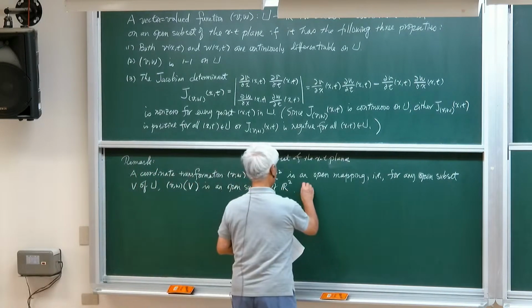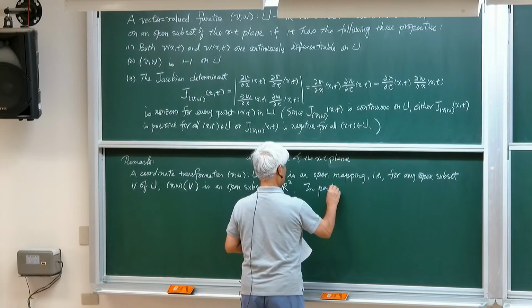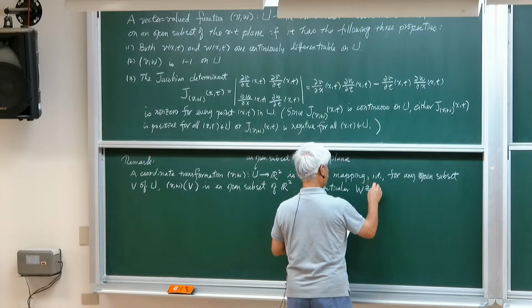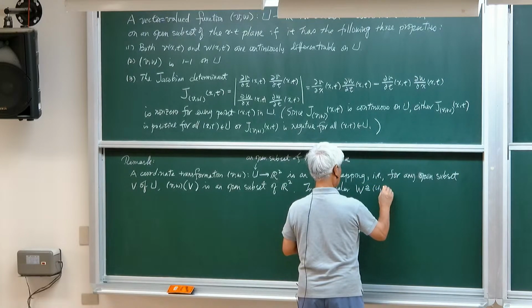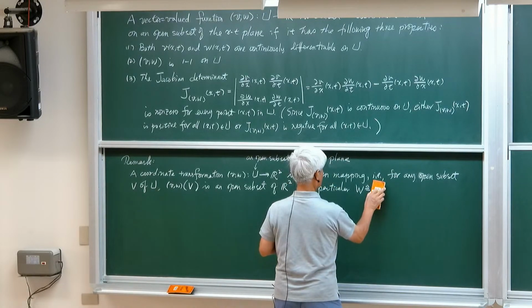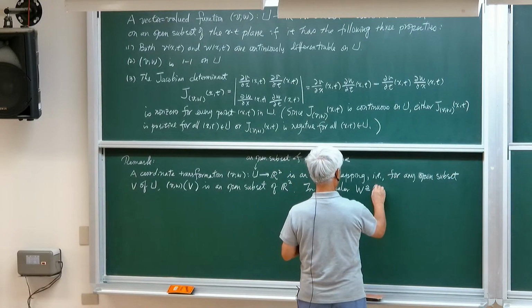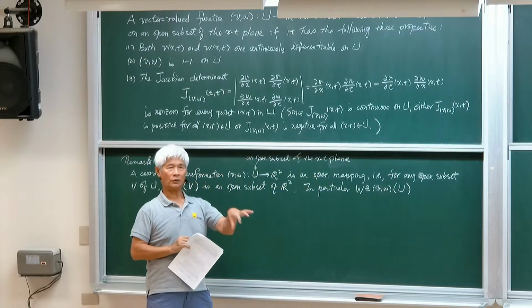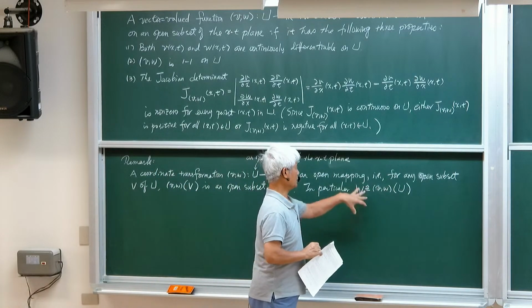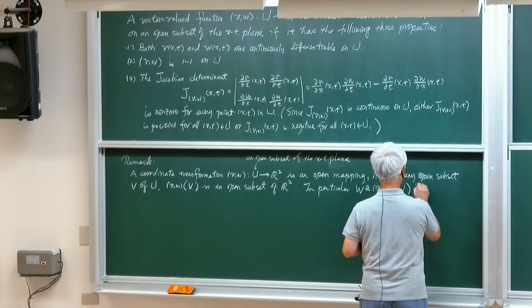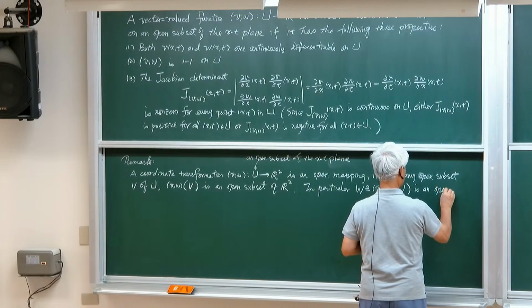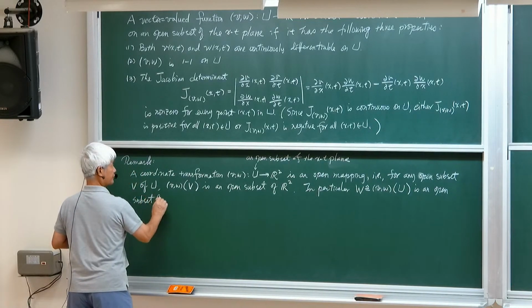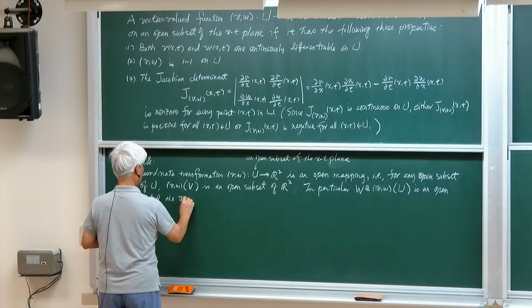So in particular, W, defined to be VW of U, the whole domain, is an open subset of the VW plane.